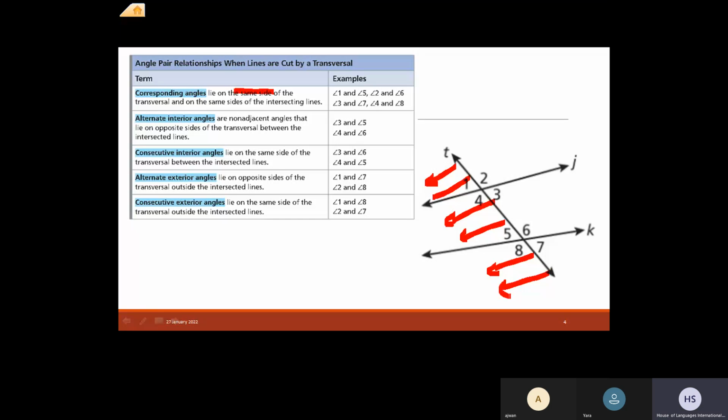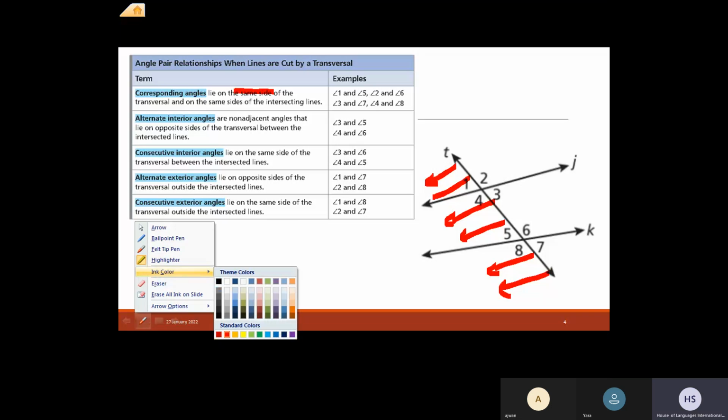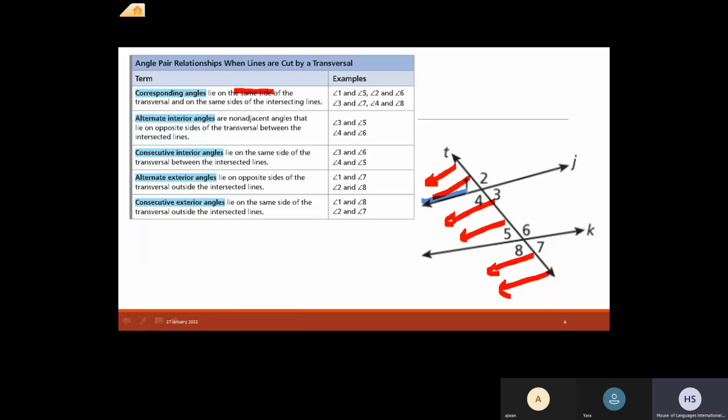Look at me here. Here is the first one, and here is the second one. Up the first line, the blue line, we have 1 and 2. Up the blue line here, what do we have? 5 and 6. That's what I mean by the same side of the intersecting lines.